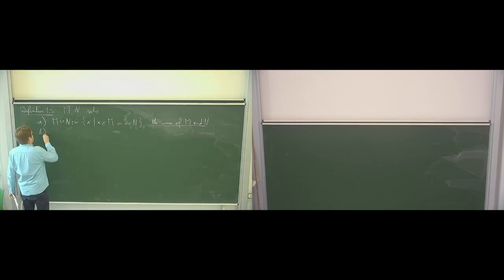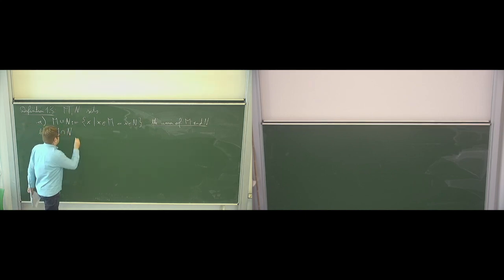The second set we want to study is the intersection of M and N, with this symbol here, like the union symbol upside down.